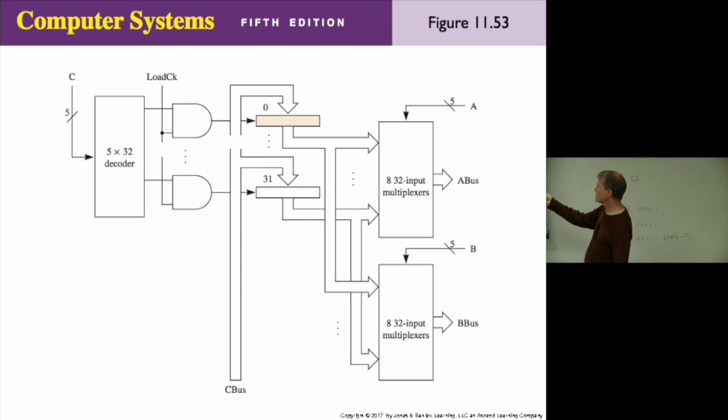And so how many of those pipes are coming in there to the A bus? 32. And what are the A line address lines going to do? They're going to select what? Those A lines are going to select which one of those 32 to send out?